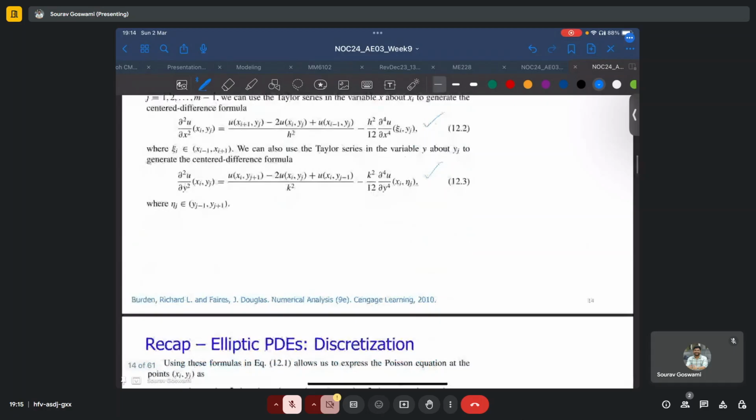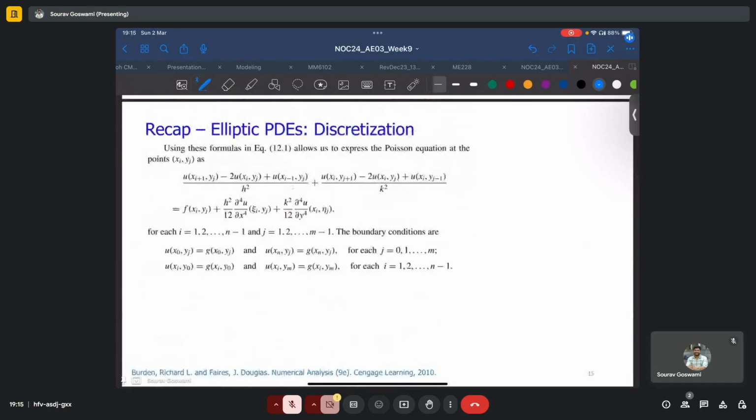And using these formulas, we can express the Poisson equation at any point xi, yj in the form: u at (xi plus 1, yj) minus 2u at (xi, yj) plus u at (xi minus 1, yj), divided by h square, plus u at (xi, yj plus 1) minus 2u at (xi, yj) plus u at (xi, yj minus 1), divided by k square, is equal to f of (xi, yj) plus the h square by 12 del 4u del x4 at (zeta i, yj) plus k square by 12 del 4u del y4 at (xi, eta j).